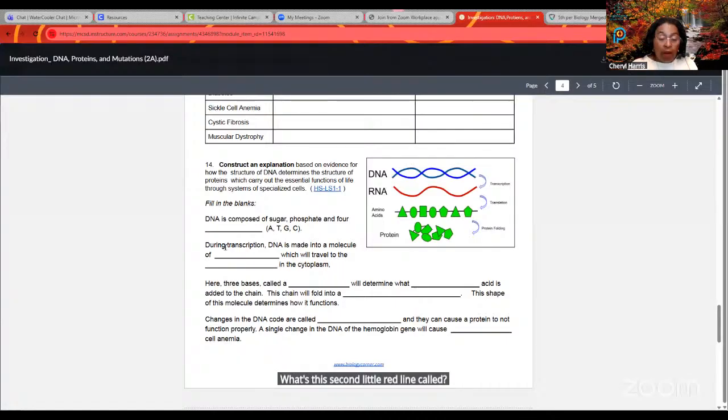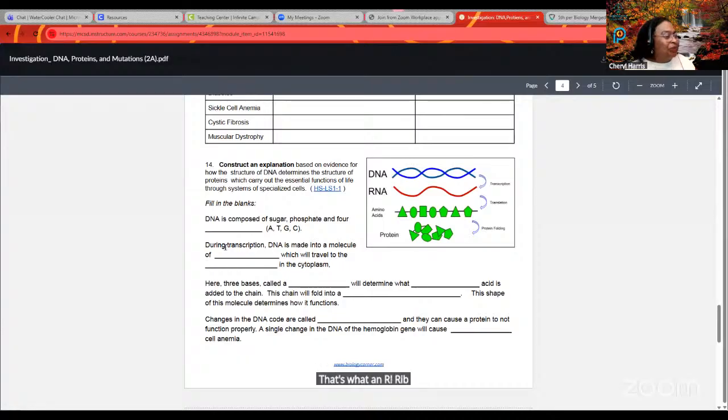RNA, which will travel to what organelle? It starts with an R. Ribosome.